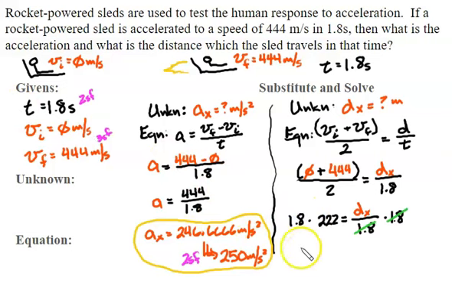And when I do that math, I get displacement in the x equals 399.6 meters. But if I apply two significant figures, let's see, that 3 is significant, that 9 is significant, that 9 is not, so I get 400 meters.